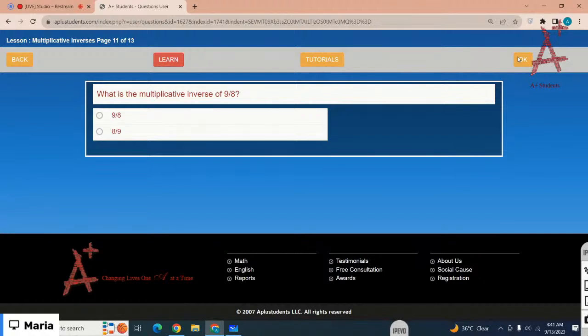What is the multiplicative inverse of 9 over 8? Yes, that would be 8 over 9. What is the multiplicative inverse of 5 over 2?